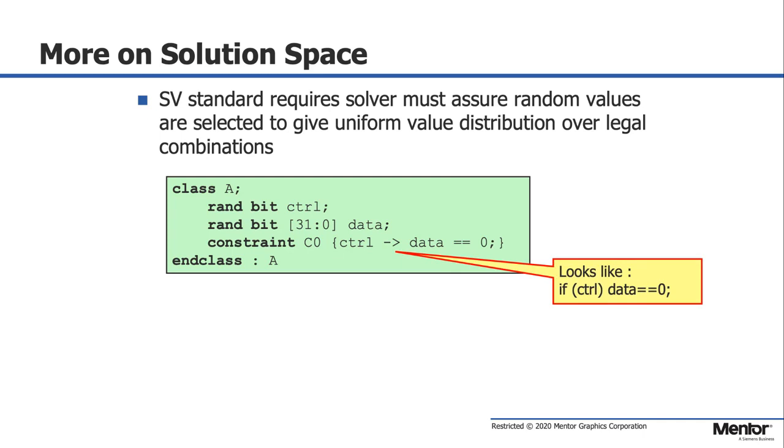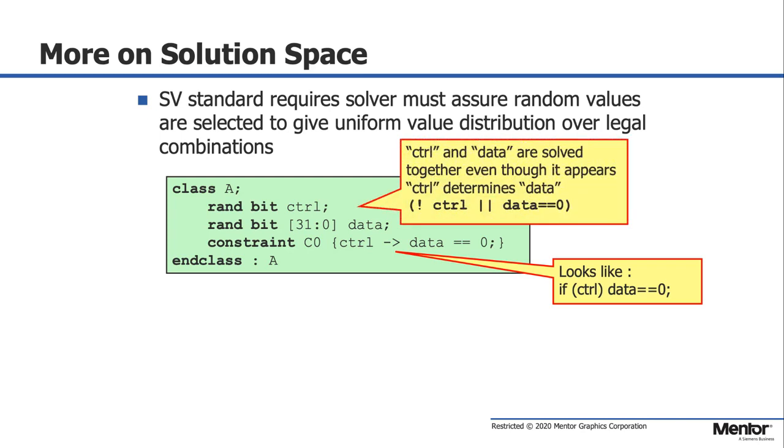And this sort of looks like if control is true, data equals 0. So it sort of implies that we have an ordering, but there really is no ordering to this constraint. They're all solved together. And this implication is turned into this Boolean expression, not control or data equals 0.